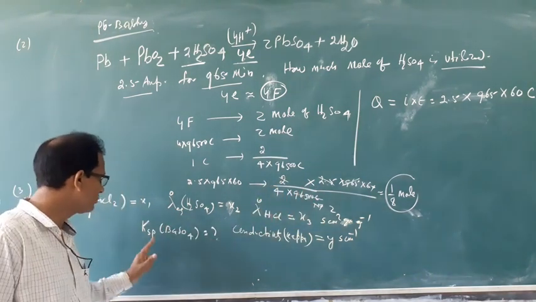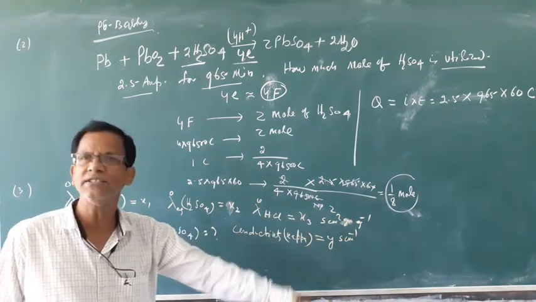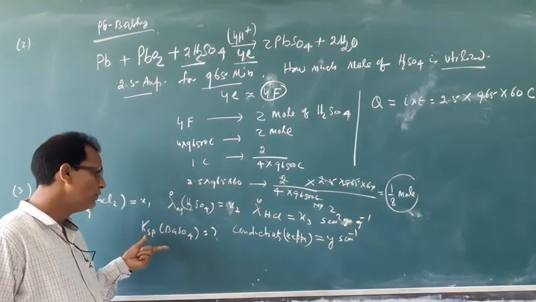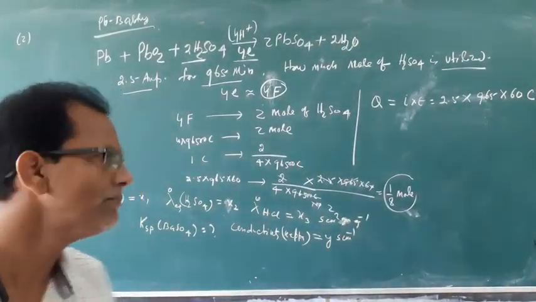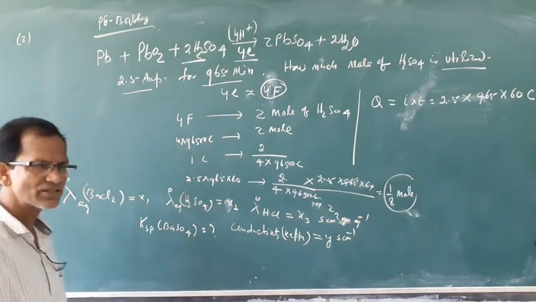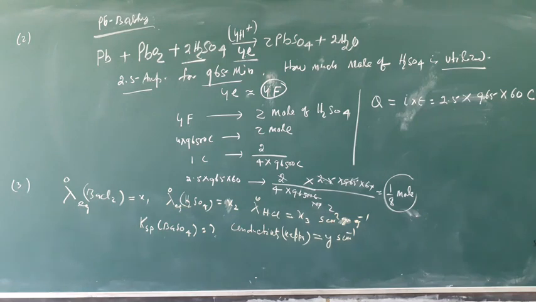Then the question is to calculate the solubility of barium sulfate. The conductivity is this much. So for calculation of solubility, we have to know the concentration of barium sulfate, that means the concentration of barium ion and sulfate ion. How can we calculate this?